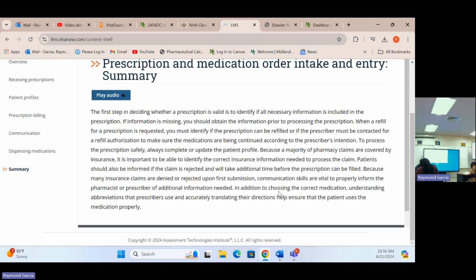Because many insurance claims are denied or rejected upon first submission, communication skills are vital to properly inform the pharmacist or prescriber of additional information needed. In addition to choosing the correct medication, understanding abbreviations that prescribers use and accurately translating their directions help ensure that the patient uses the medication properly. All right.